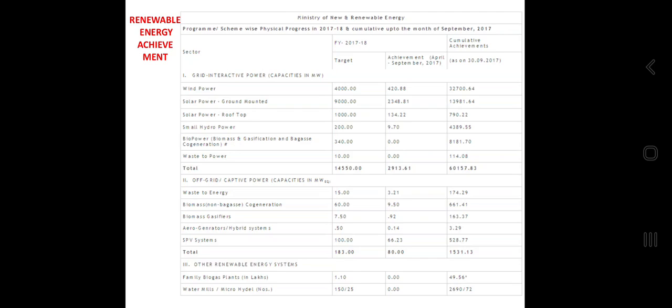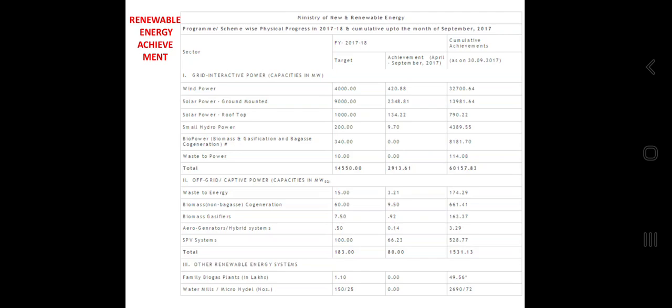So this table shows the renewable energy achievements given by the Ministry of New and Renewable Energy: wind power, solar rooftop, small hydropowers, biomass gasifiers, biogas cogeneration, waste to power projects.